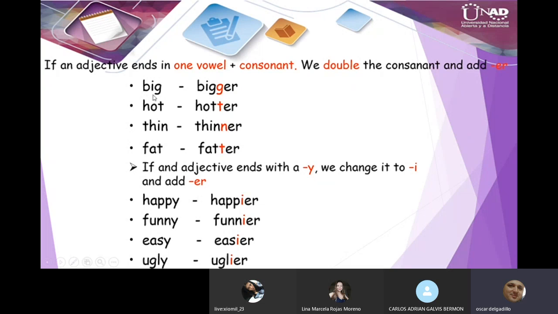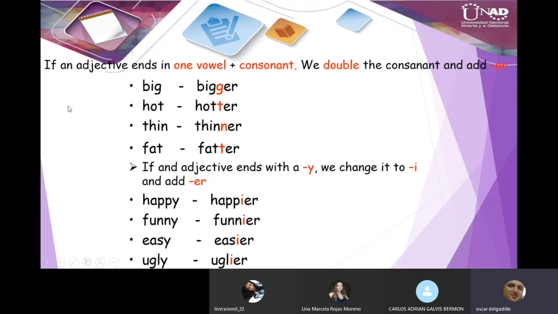For example, big, bigger; hot, hotter. Hot is consonant, vowel, consonant, so we double the letter T and add er: hotter, thinner.